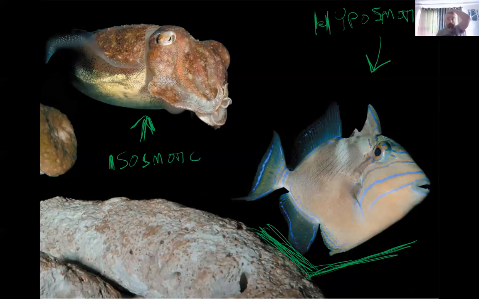So if you eat a squid, I would encourage you not to eat squid and octopus. They're extremely intelligent organisms. It's almost a crime to eat them. But if you were to eat one, you essentially are getting something that is as salty as salt water because their tissues are salt water, basically.